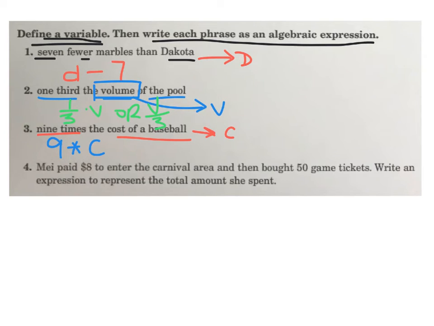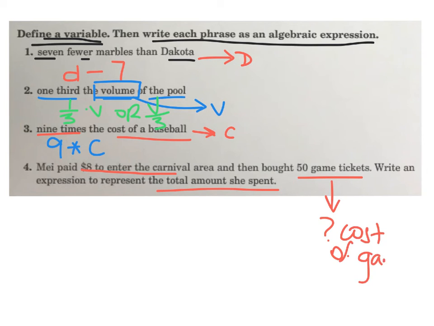Last problem says Mia paid $8 to enter the carnival area and then bought 50 game tickets. Write an expression to represent the total amount she spent. Well, we don't know the cost of the game tickets. So I'm going to use the letter G for game tickets.